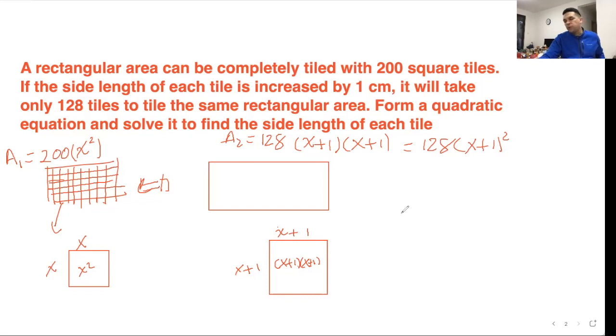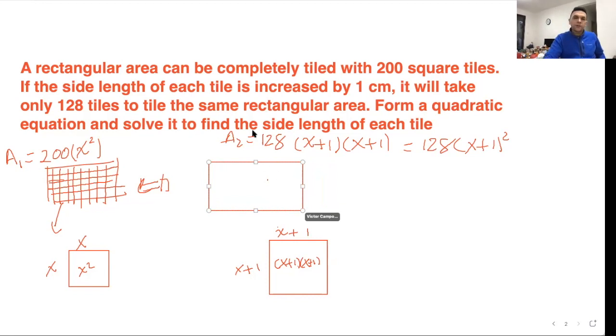So we have our two equations, right? Or it's just one equation, but these two are the same. The area of this is the same as the area of this, right? This rectangle looks bigger, so I want to make it look a little smaller, just like the other one, because they are identical. We're just changing the size of the tile.